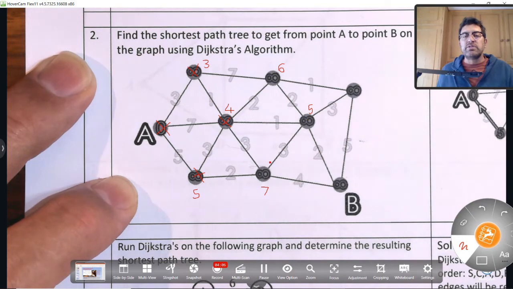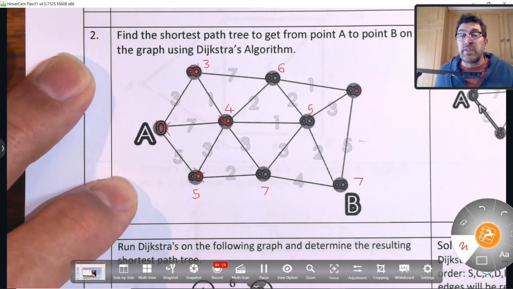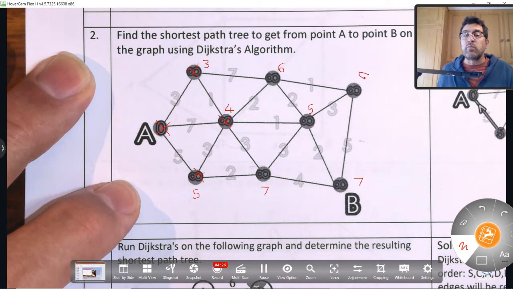If I go to this vertex, it's 5 plus 3, which is 8. There's one that's less than 8, so that one stands. If I go to vertex B, I've never been there, 5 plus 2 gives me 7. If I go to the vertex over there, then I get there with a cumulative distance of 8.